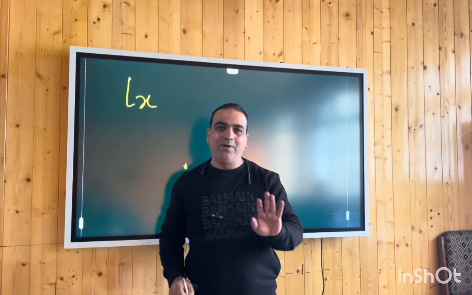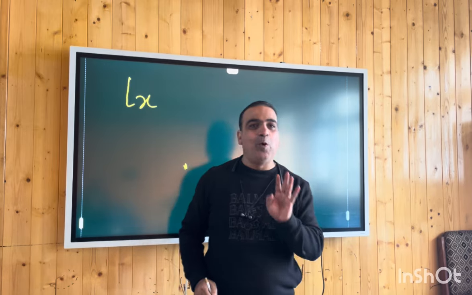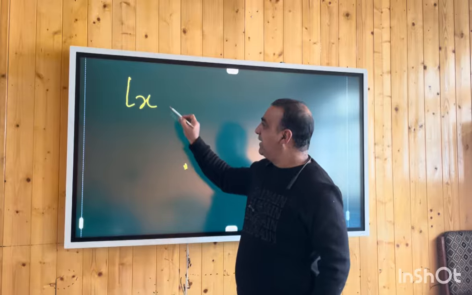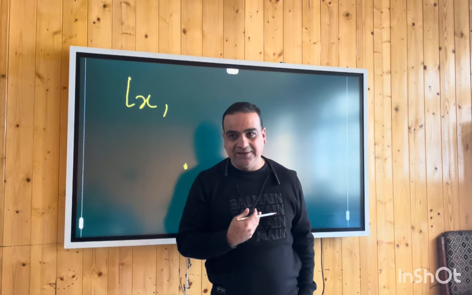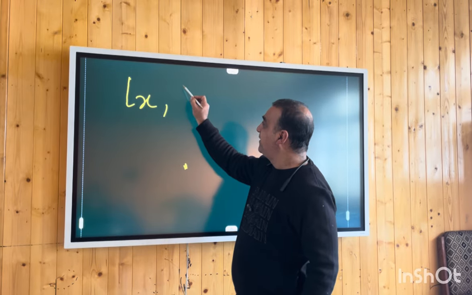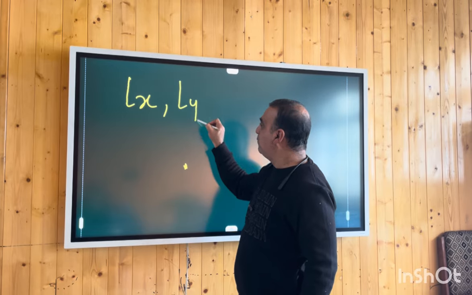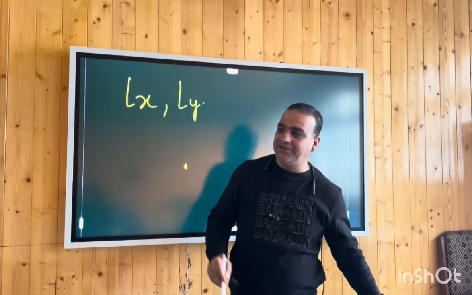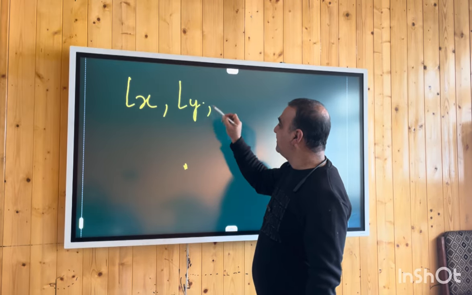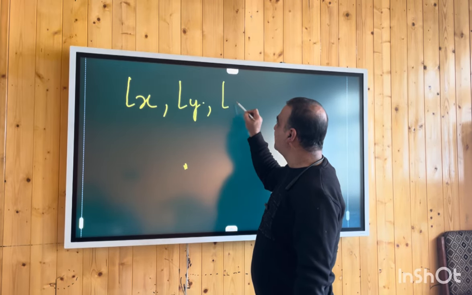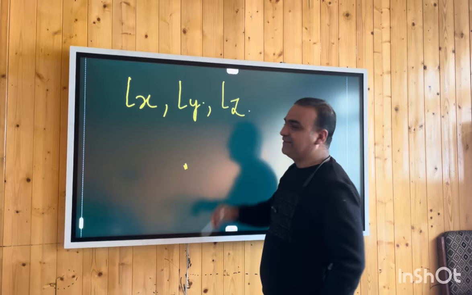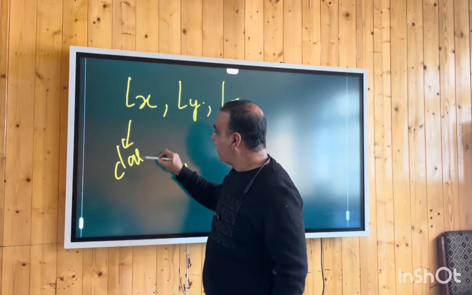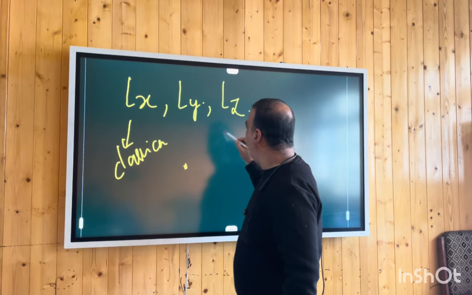Now we understand what Lx is. Lx is a component of angular momentum along the x-axis. And I am holding another key. I'm also a character in it. I'm holding a key of Ly. And there is another character, Quanta, and Quanta is holding Lz. So we have Classica, and we have Quanta.